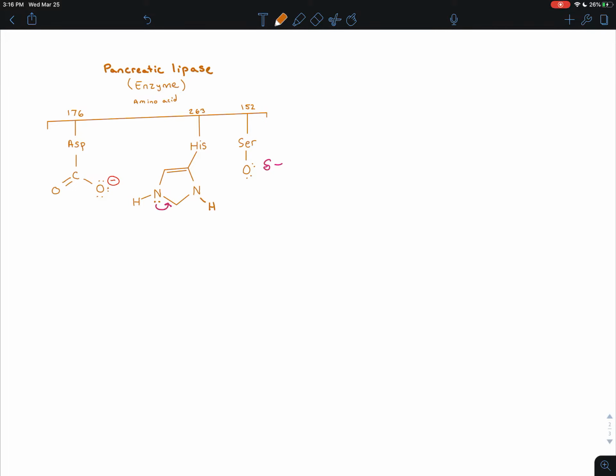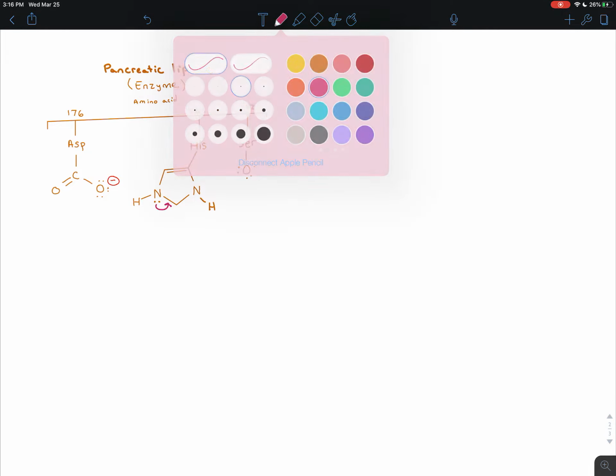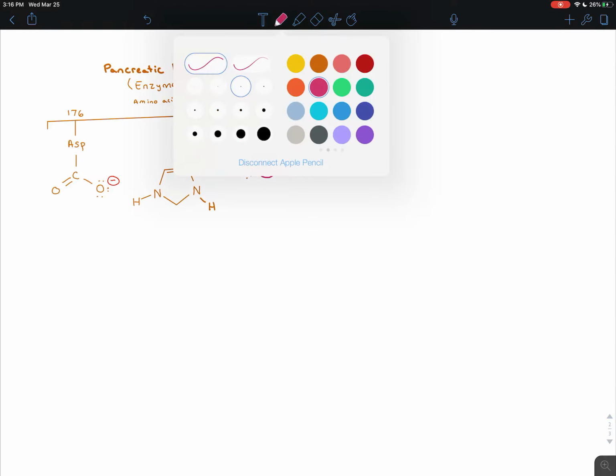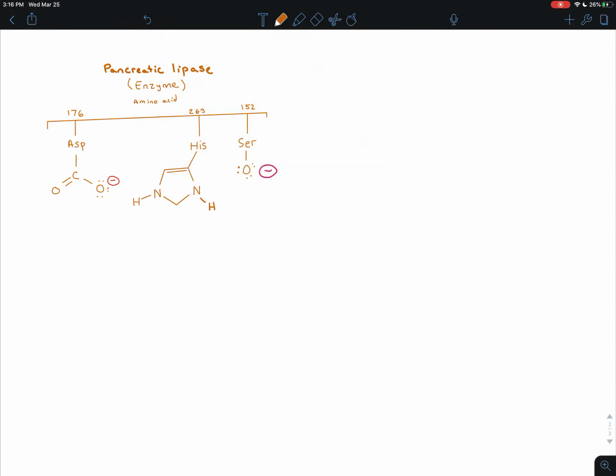Those bonding electrons will become a lone pair. This oxygen now has a full negative charge, so it's a strong nucleophile. And this lone pair of the nitrogen becomes a pi bond. Now notice this nitrogen now has 4 bonds, and therefore it has a full positive charge.